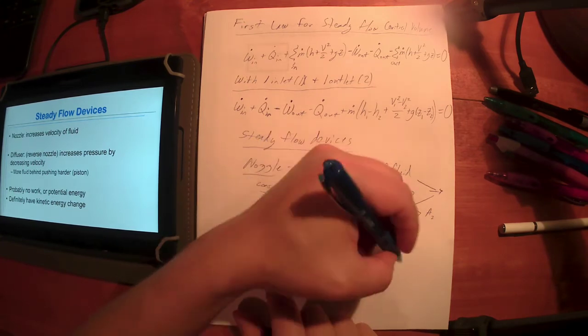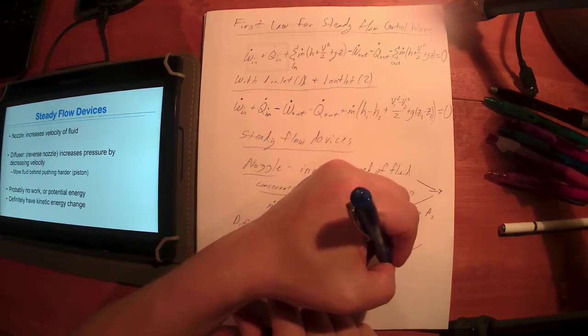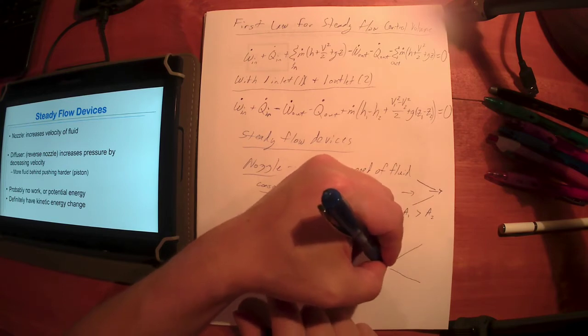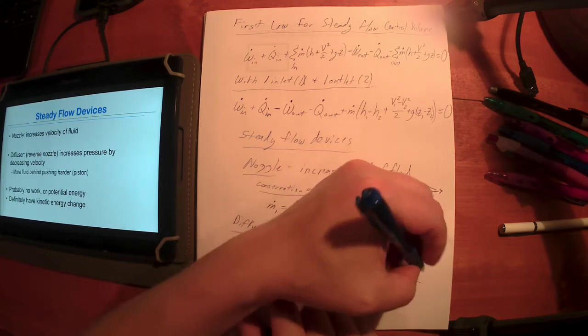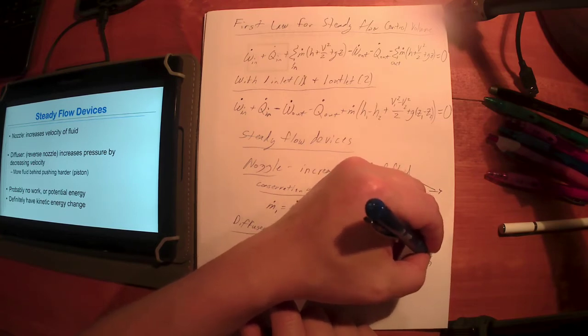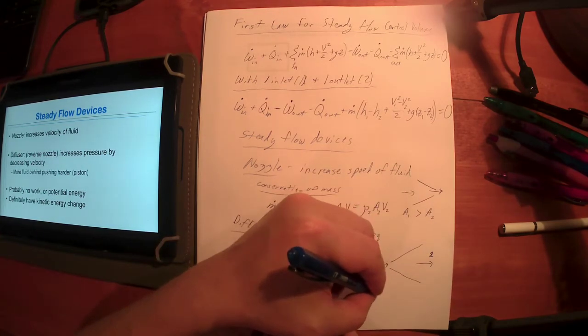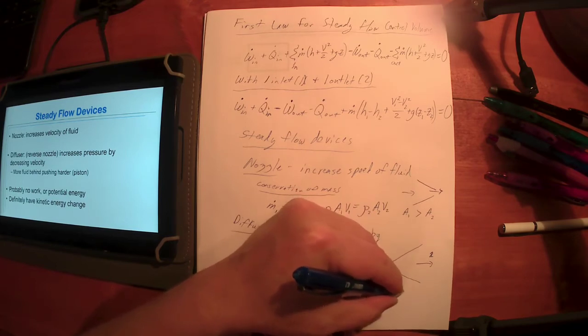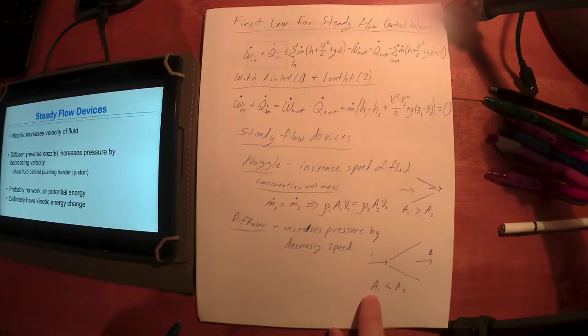So it's kind of the reverse nozzle. A diffuser is this device where you've got flow, mass, fluid coming in, you've got mass going out. And what happens is A1 is smaller than A2. It goes from a smaller area to a larger area.